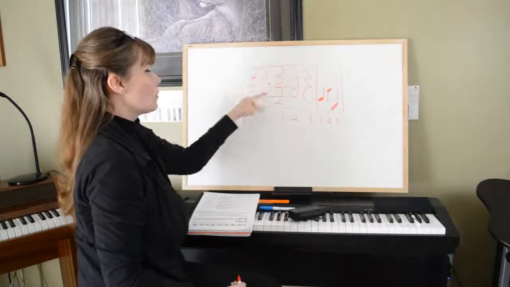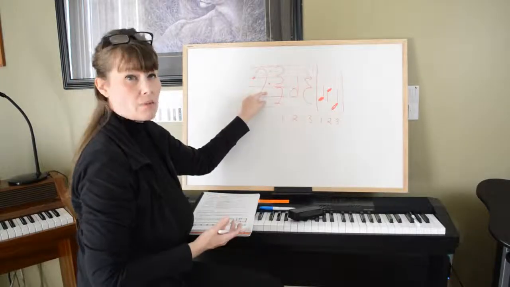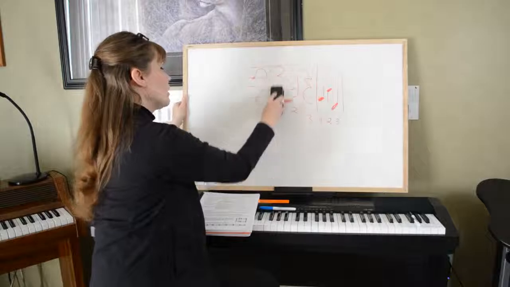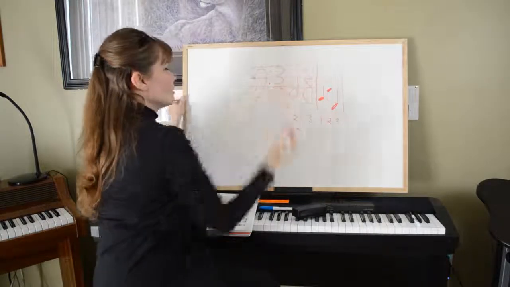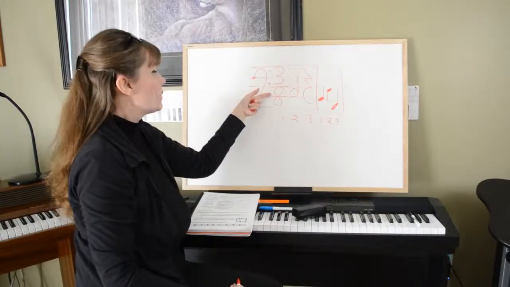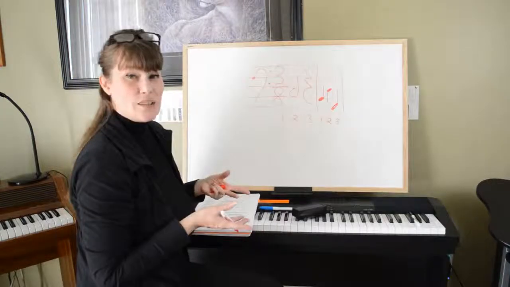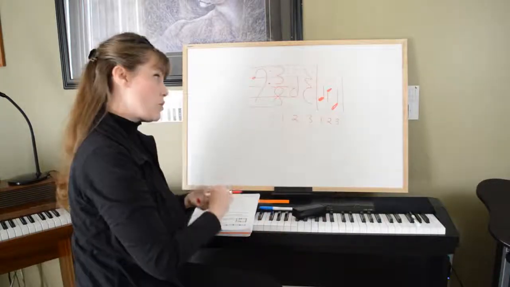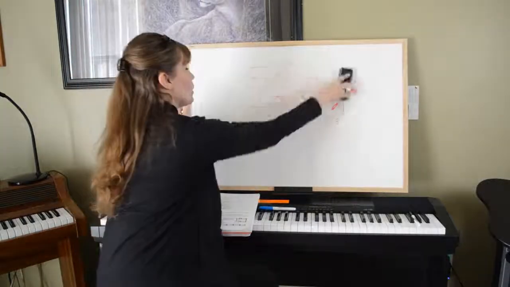And that means I need 3 half notes, or the equivalent of 3 half notes in each measure. If I changed that to be an 8, I would need 3 eighth notes in each measure, or the equivalent of an eighth note. 2 16th notes equal 1 eighth note, so I could use 2 16th notes and an eighth note. There's a lot of different combinations that we could use there.